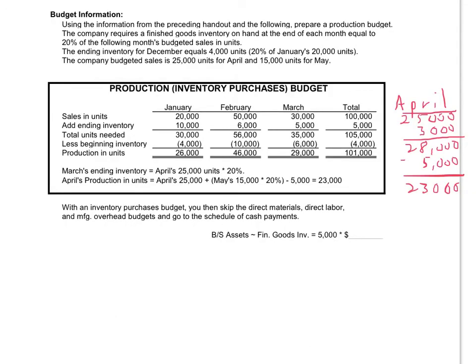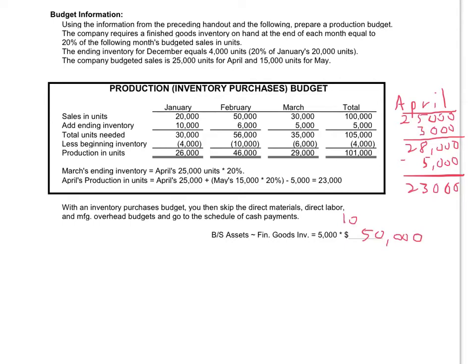So looking at the balance sheet, if this is our finished goods inventory, 5,000 times $10, then our finished goods inventory would be $50,000.